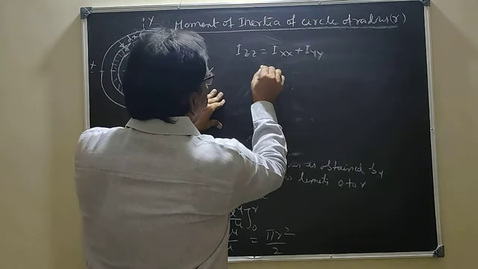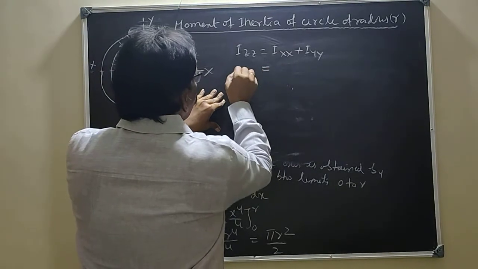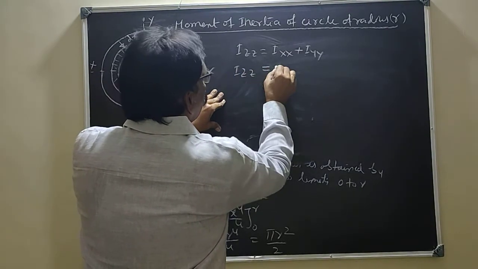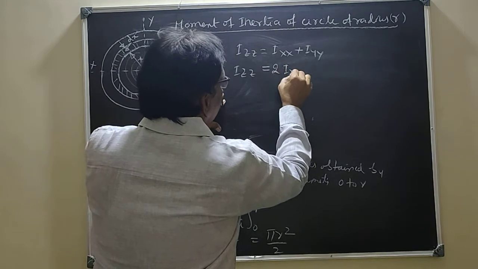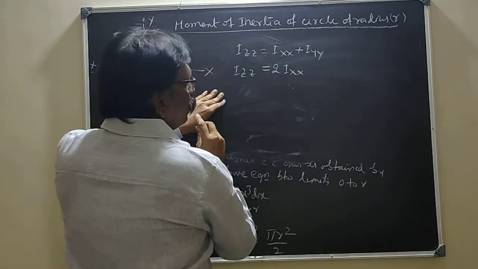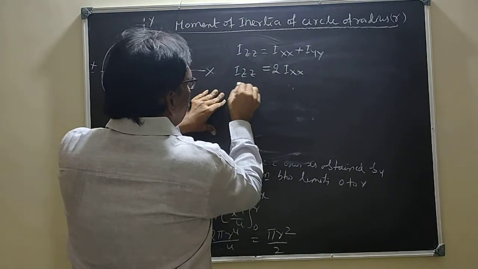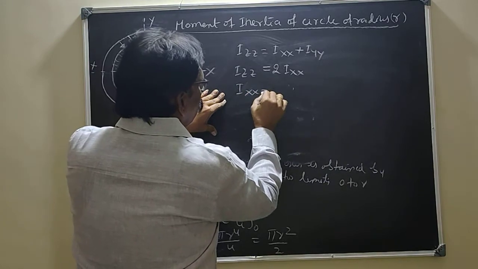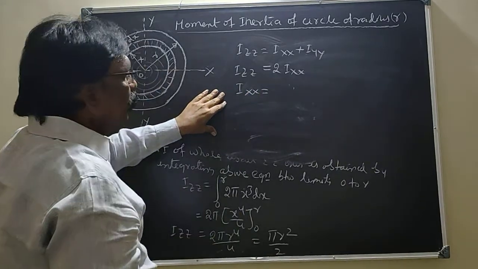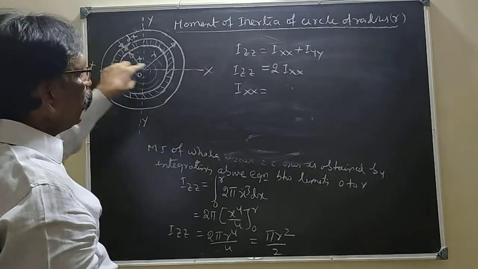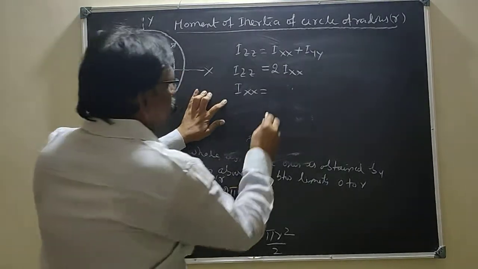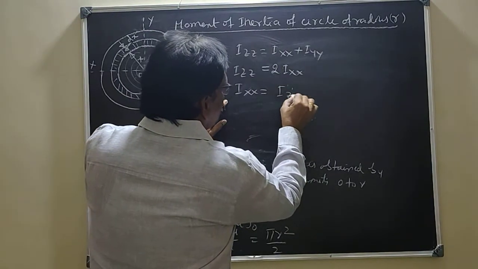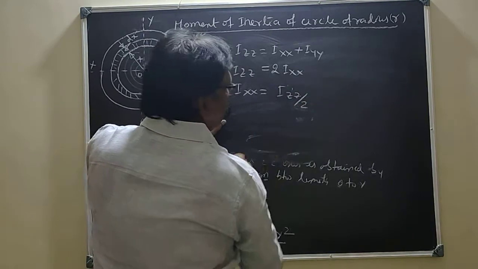So therefore we can write Izz is equal to 2Ixx. So Ixx, the moment of inertia about the central axis, is equal to Izz by 2.